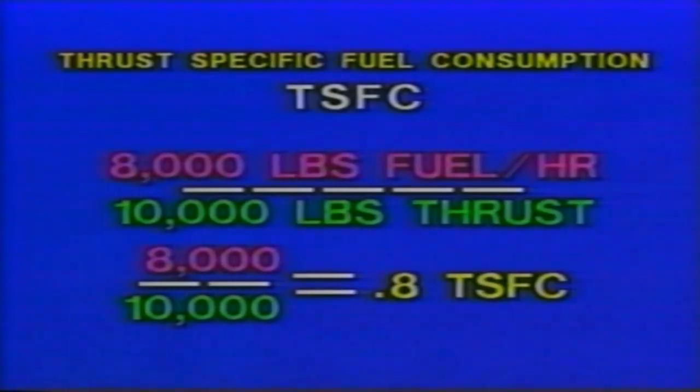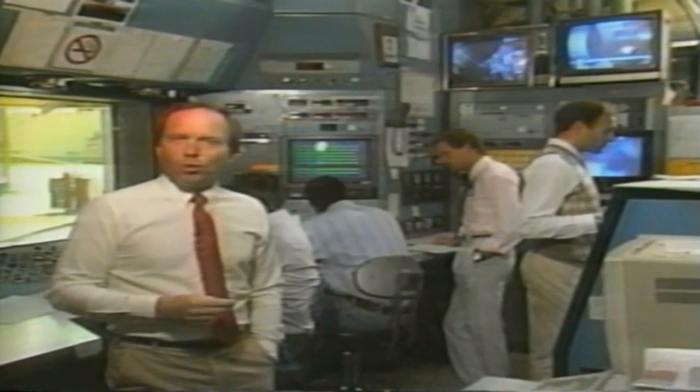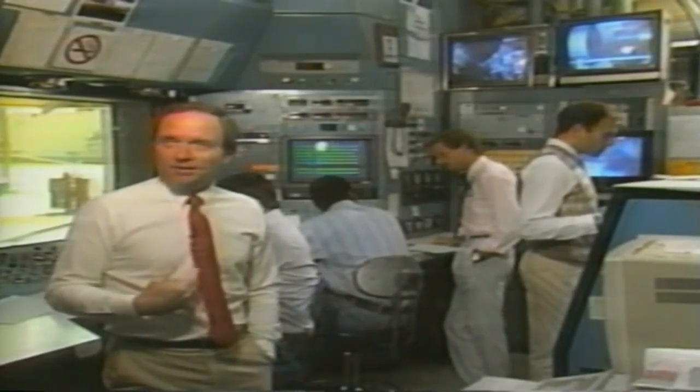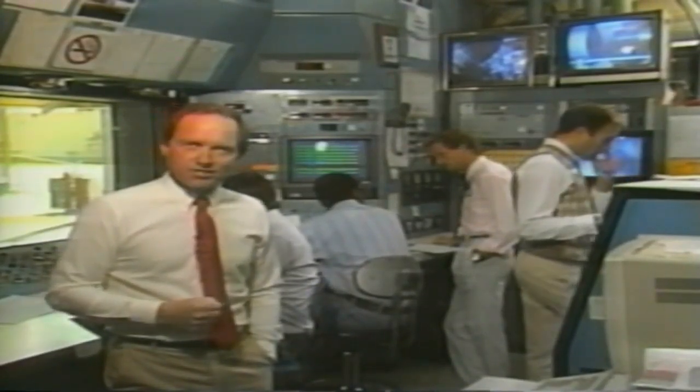And that turns out to be pounds of fuel used per hour divided by pounds of thrust produced. Our example shows a TSFC of 0.8. And if you'll look at the arithmetic, you'll see that the lower the number, the better. Your engine having a TSFC of 0.4 is better than mine, which has a TSFC of 0.6.